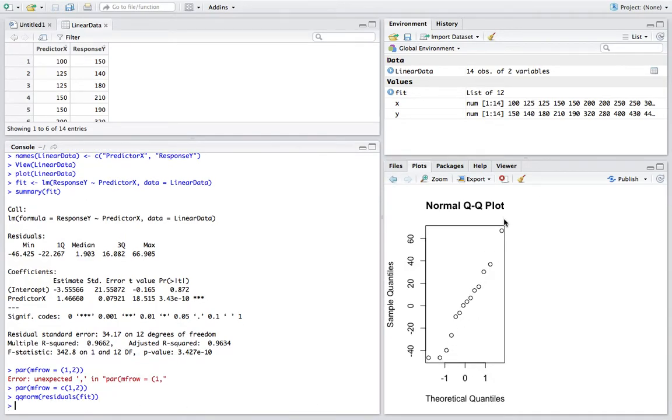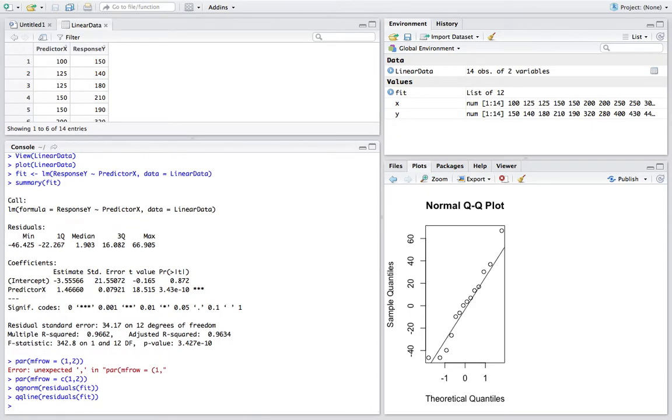So this plot tells us if our error terms or our residuals are normally distributed. And if they are, these points should form a perfectly straight line at 45 degrees. And if it's easier, we can also plot a QQ line of the same thing over that.